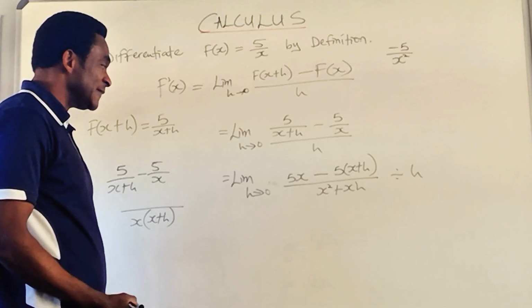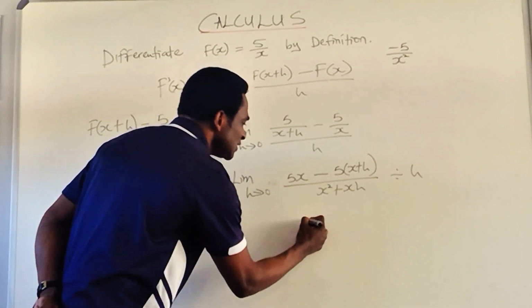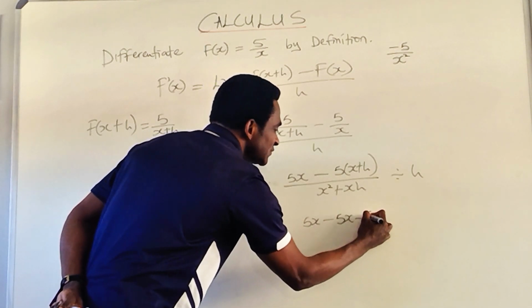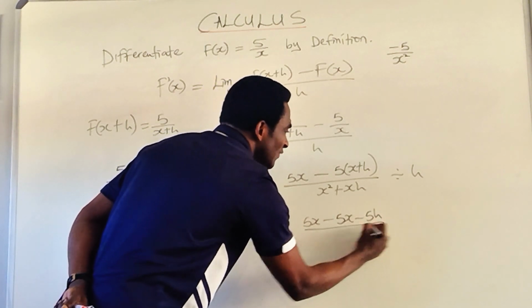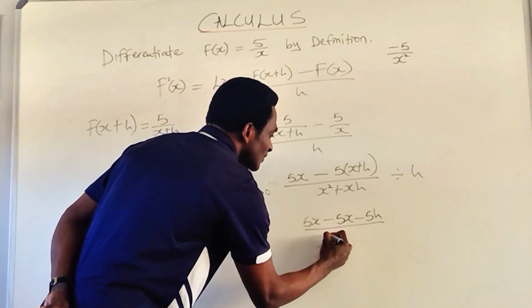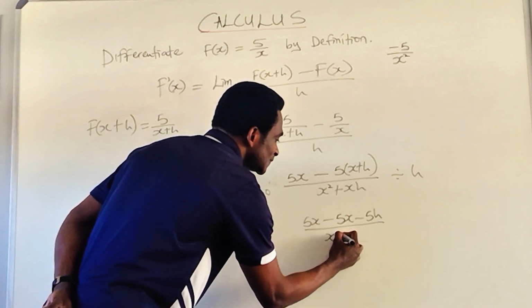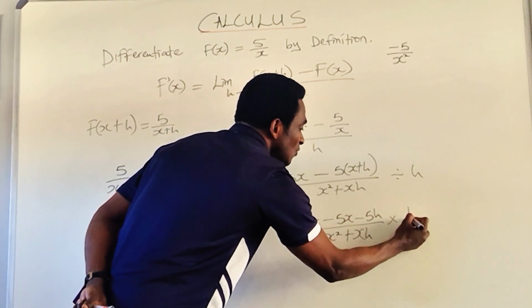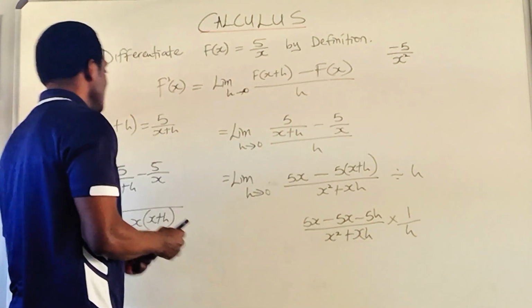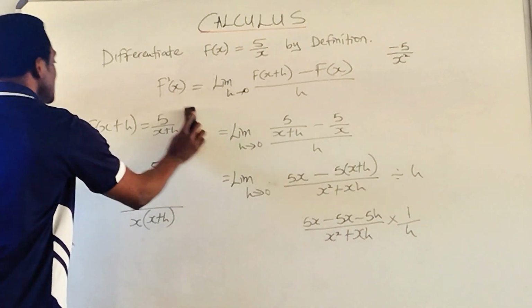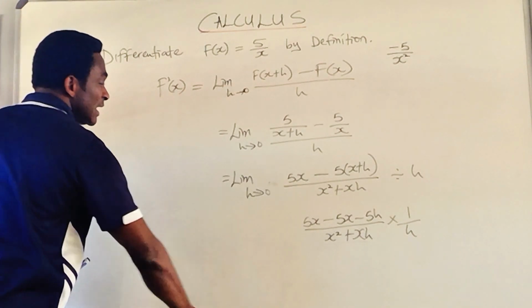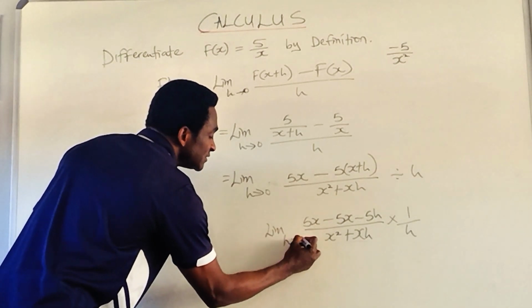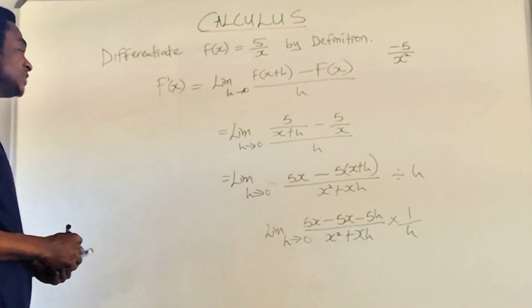So let's simplify. This will give us 5x minus 5x minus 5h all over x squared plus xh, times 1 over h. Let's complete this here. Now, remember, the notation goes on. It is the limit of the function as h tends to 0.